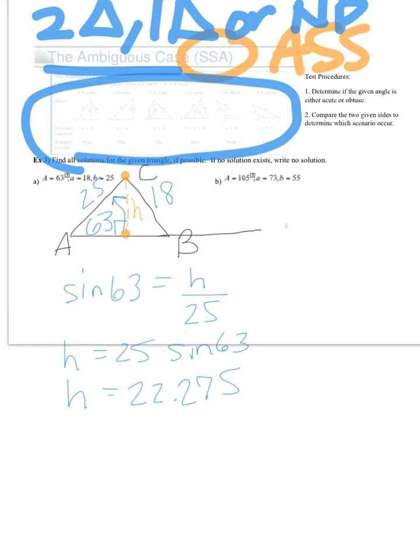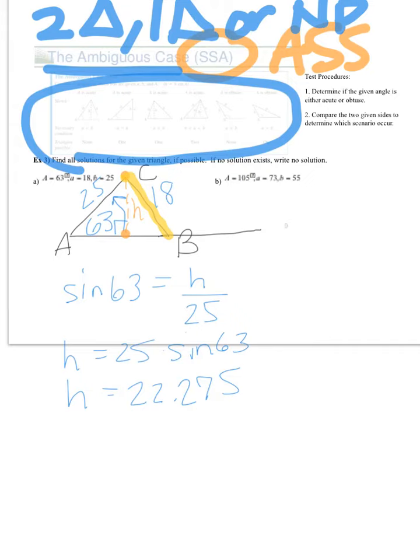So in order for C to get to that line AB somewhere, it's 22.275 away. So when I look at this segment right there, there's no way that it can angle down that way because that would have to be a longer segment. So that's where I'd like to figure out what H is.